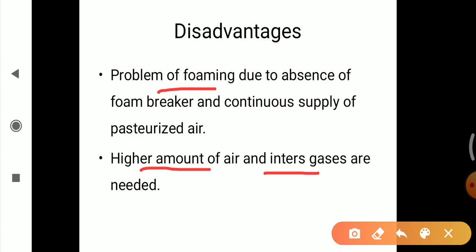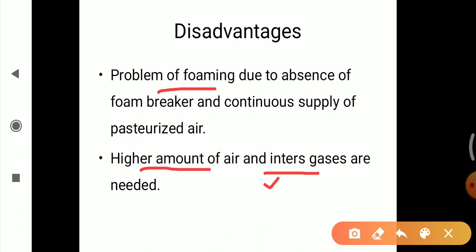The incoming pressurized air lifts all the nutrients and microorganisms. For that, a high amount of air is required for aerobic microorganisms, whereas for anaerobic microorganisms inert gases are required. These are the disadvantages of the airlift bioreactor.